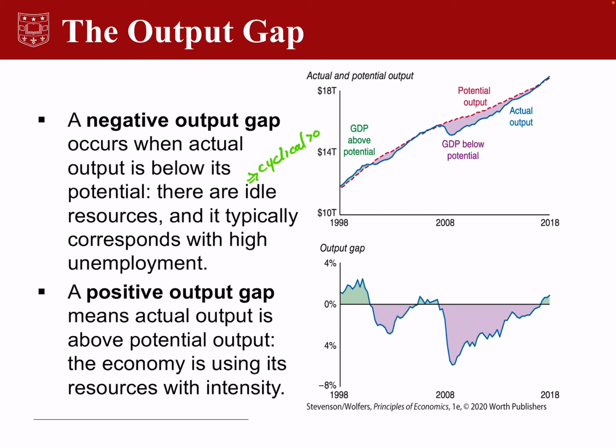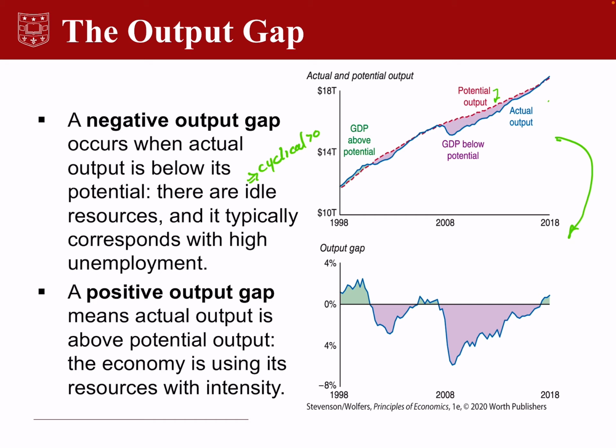So here, in the upper graph, we have a depiction of the estimates of potential output, the dotted red line, and then the path of actual GDP is the blue. The gaps between the dotted red line and the blue actual gross domestic product are magnified down here to give us the measure of the output gap.